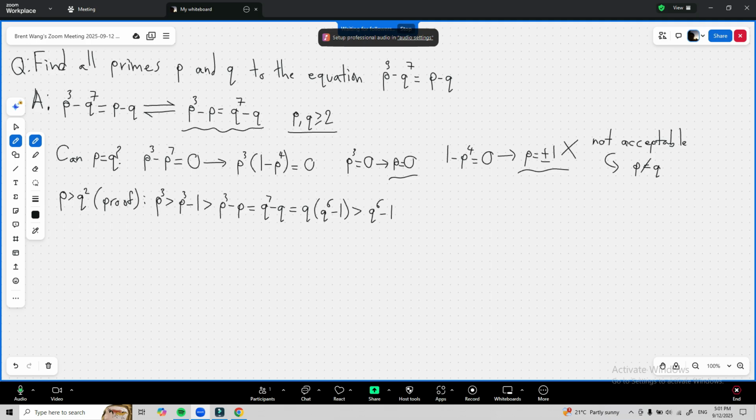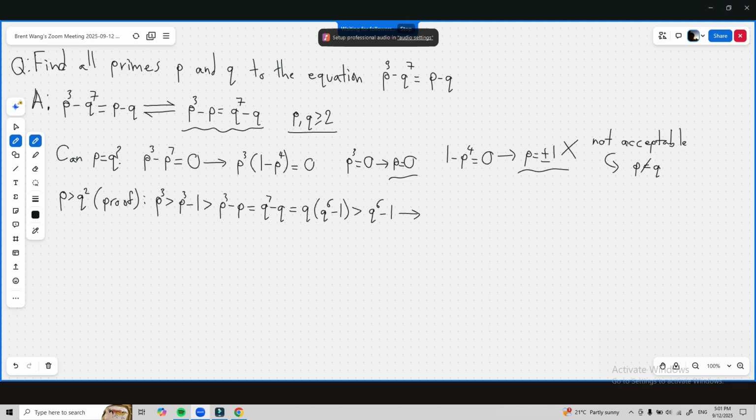So, therefore, we have indirectly proved that p cubed minus 1 is greater than q to the 6 minus 1. p cubed minus 1 was right here, and q to the 6 minus 1 was right here.